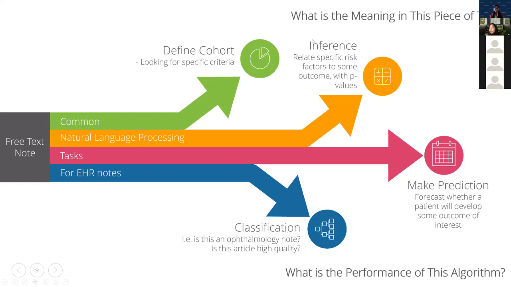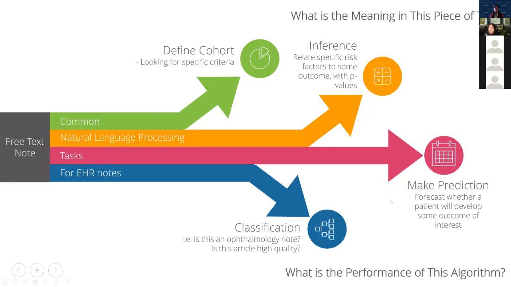Right? So these top two really focus on extracting specific pieces of meaning from the text, and sort of saying something very particular about those patients or those characteristics. So you have to be really careful to validate all the information that you're extracting using your automated algorithms, right?